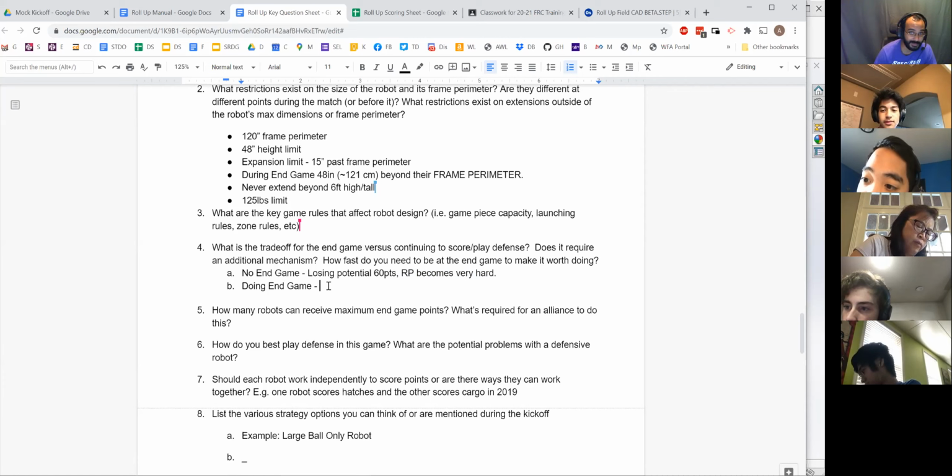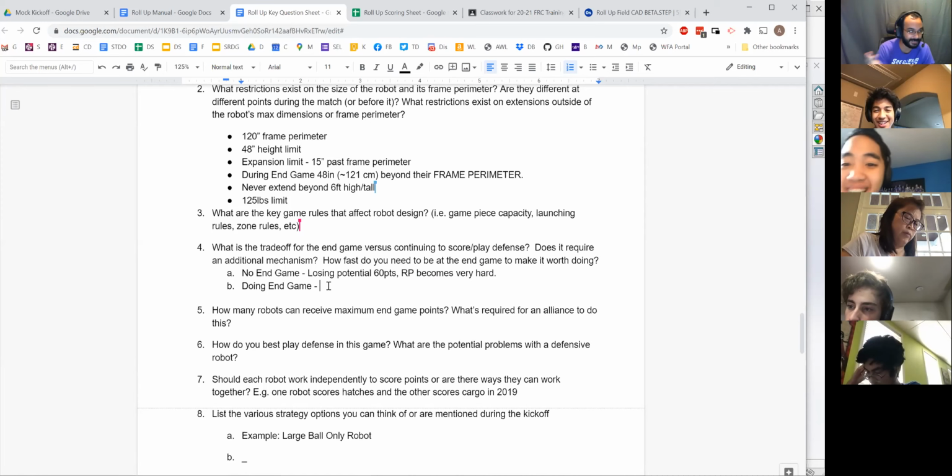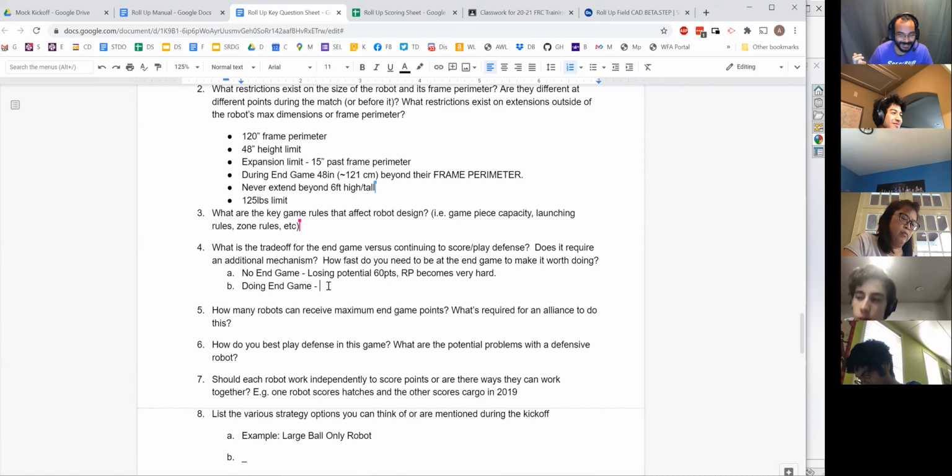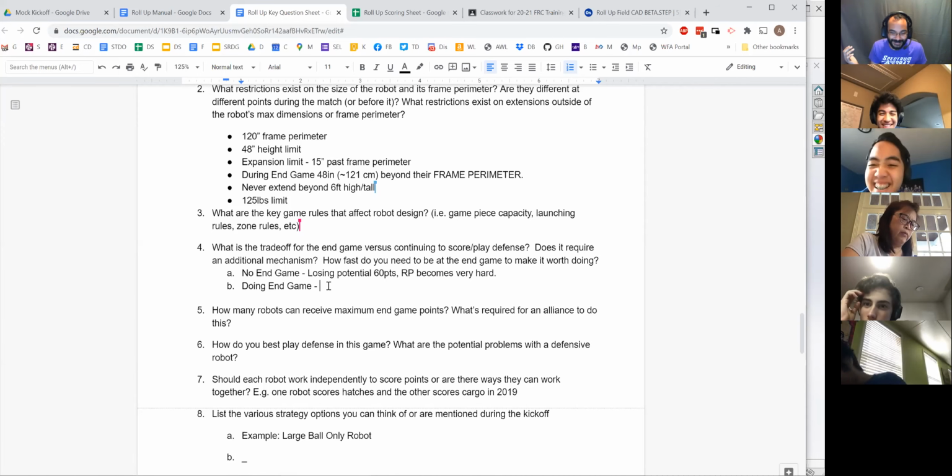So somebody could be low parked or parked and hold you up above the tape line somehow. You're not allowed to fully support another robot at any point during the game though. So you have to be somehow not fully supported by another robot, but they could help you get up if somehow that ever existed. Lots of cheesecake. I don't even know what that cheesecake would look like.